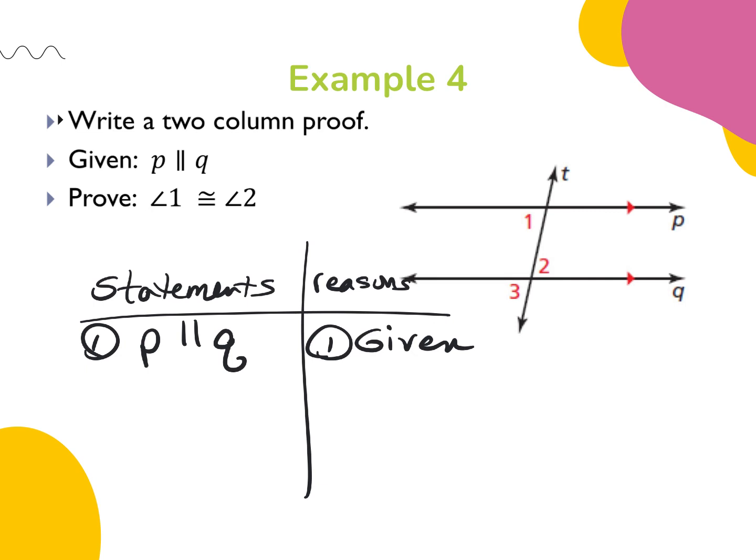Now what we can do is look for some special angle pairs. So because I'm told that I have parallel lines, I could state here that angle 1 is congruent to angle 3, and my reason is the corresponding angles theorem.